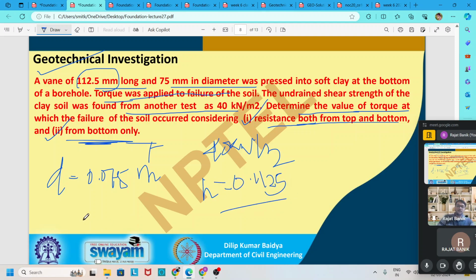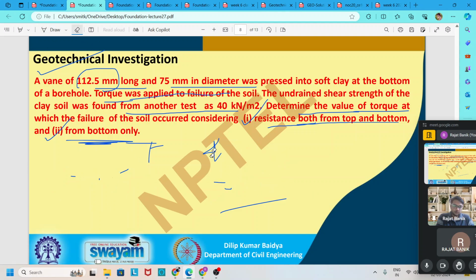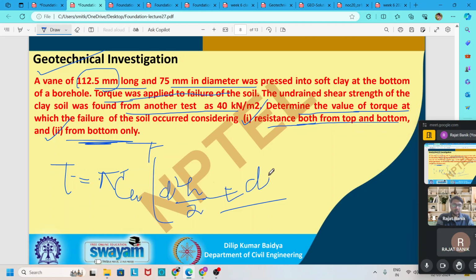So after that, for the first case, where we have resistance from both top and bottom, the formula is T equals pi Cu d square times h by 2 plus d cube by 6.